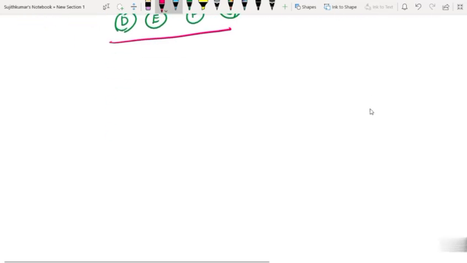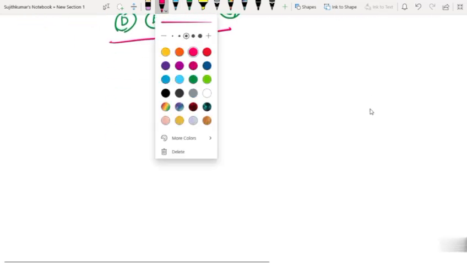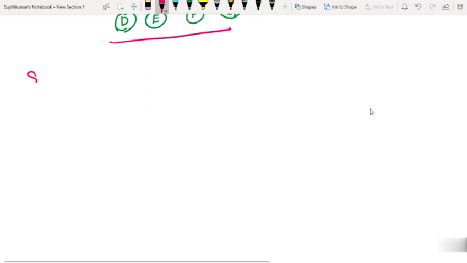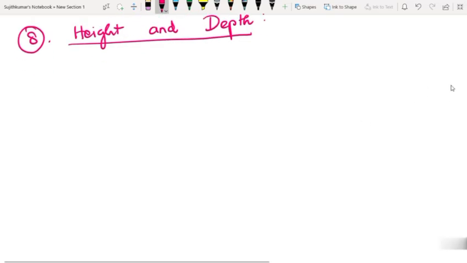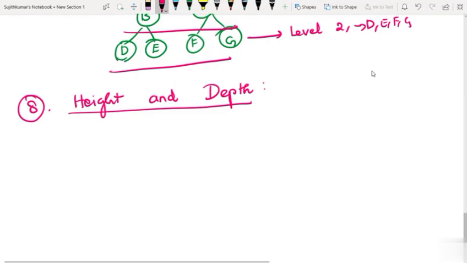And the next one is something confusing. The eighth concept is height and depth of the tree. I've seen people who find it hard to understand the difference between these two. I'll give you some simple tricks to remember the difference.